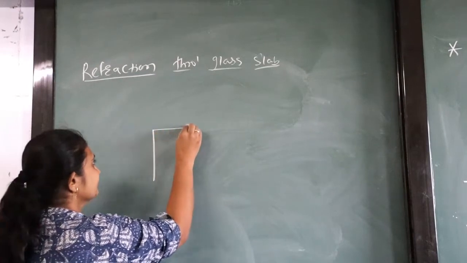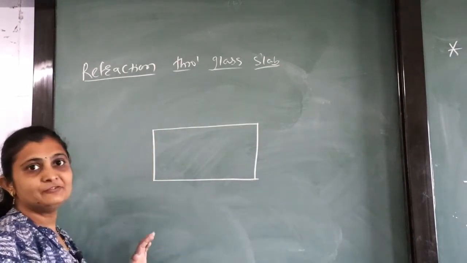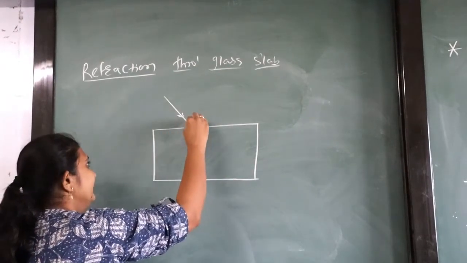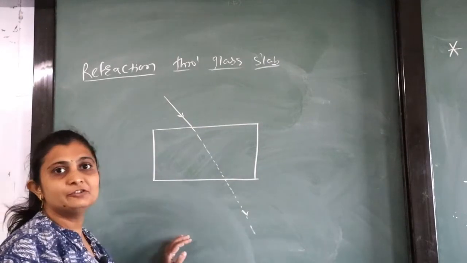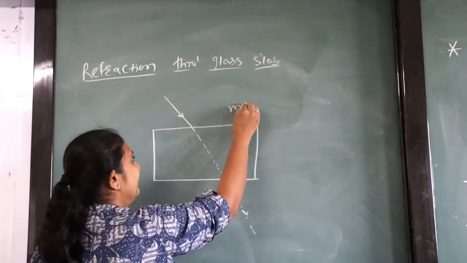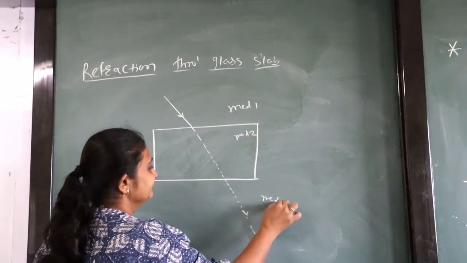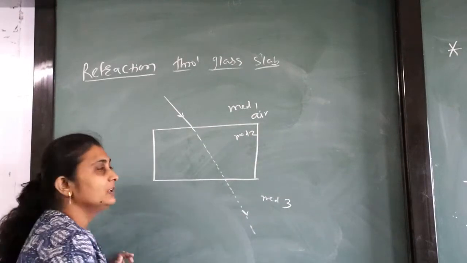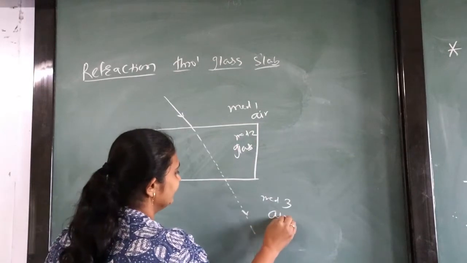Consider a glass slab. If the glass slab is not present, then this is the direction of the incident ray. But if we put the glass slab here, then this is medium 1, medium 2 and medium 3. Medium 1 is air, medium 2 is glass and medium 3 is again air.